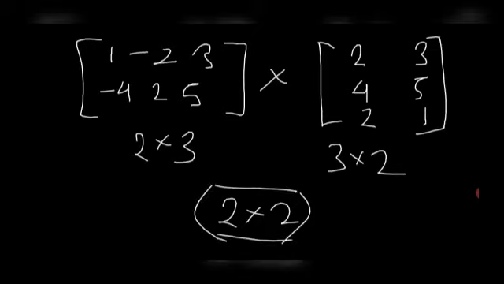That we understand. Now how to actually do the multiplication. My way of doing it is really easy to remember. First thing I do is write the first matrix here, 1 minus 2 3.